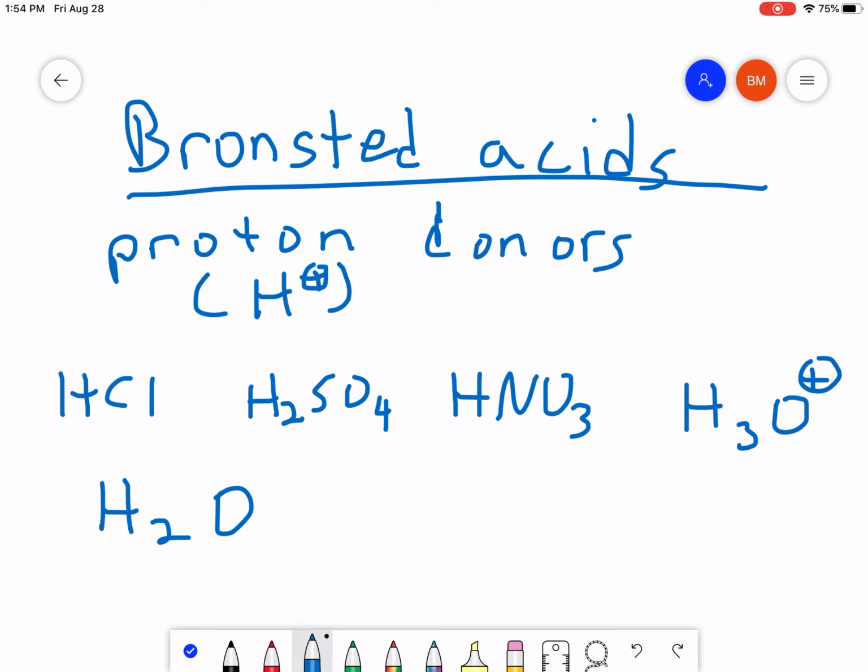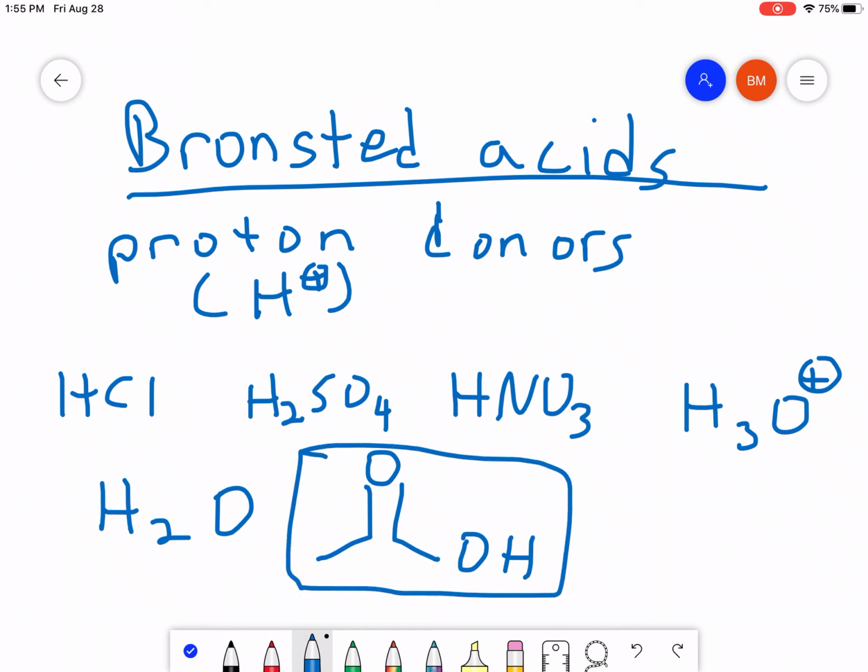Ones that you might not think about: something like this. This is an organic acid. This specific one is called acetic acid, and you've probably heard of acetic acid before. It's found in vinegar, so you've encountered it in everyday life and lab applications before. Acetic acid is an example of a larger group of organic acids called carboxylic acids.